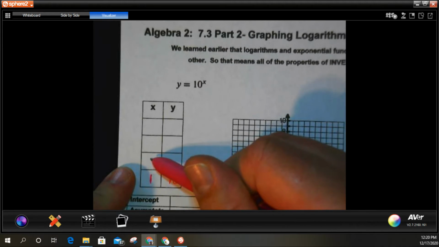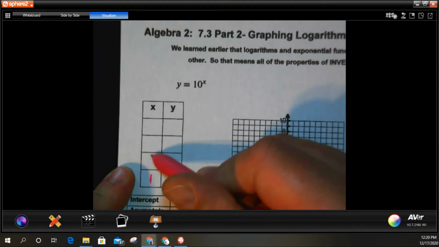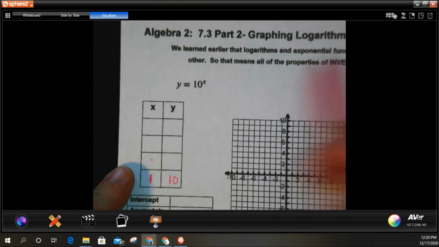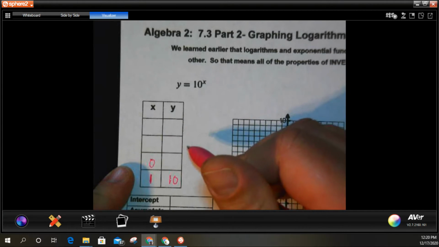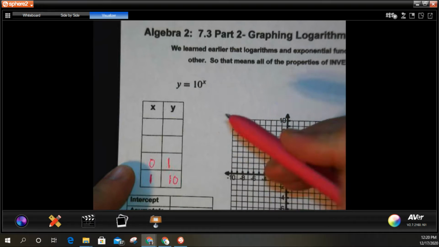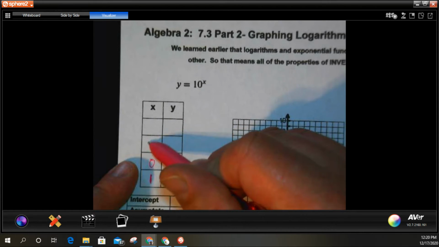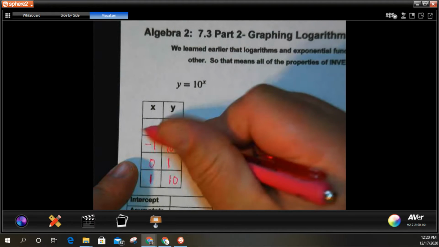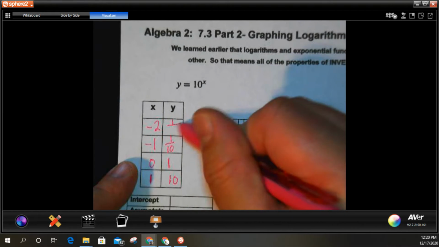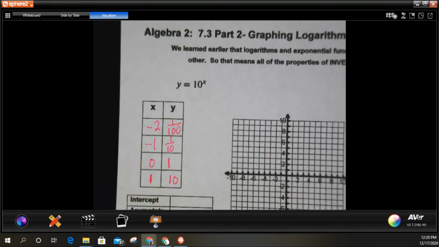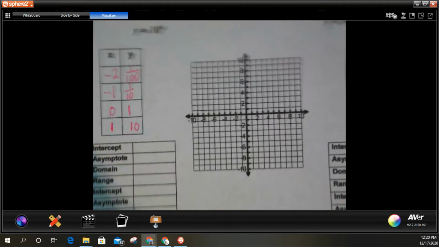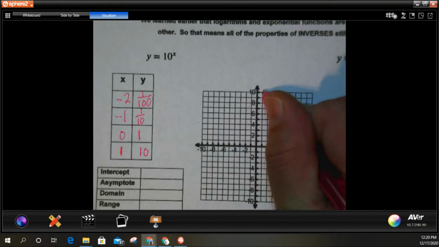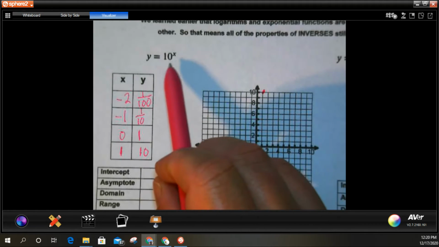And I'm going to use 0, 1, and negative 1, 1/10. And then I've got negative 2, 1/100th, or 0.01. I'm going to graph those points. I already know it's a growth model because my base is larger than 1.